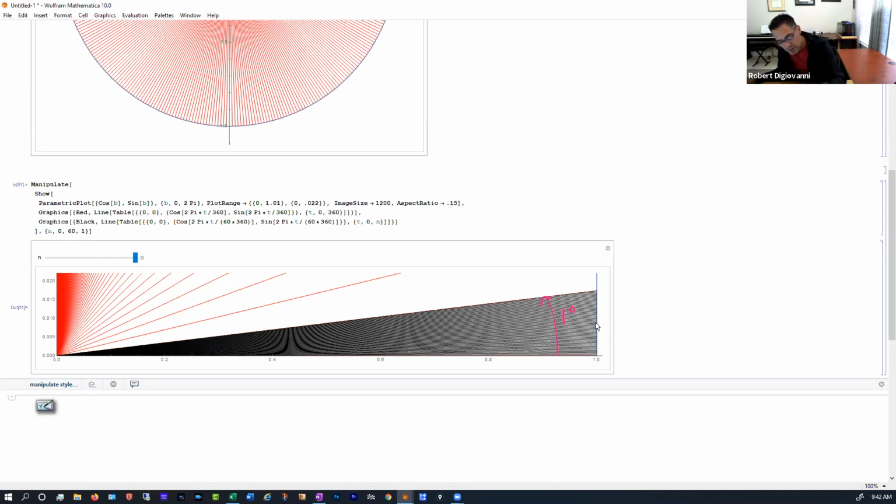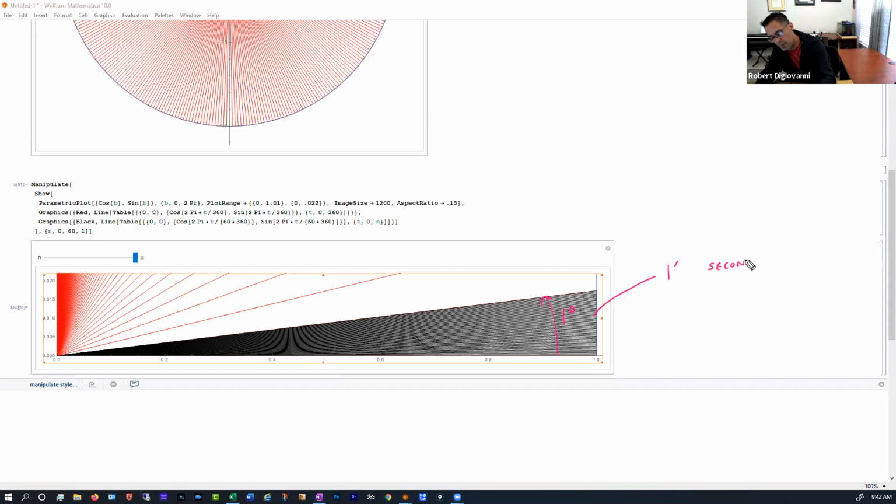Each of those tiny little angles is called 1 with the little dash right there, and that stands for 1 minute. Oops, it's Monday. So in other words, there are 60 minutes in 1 degree.